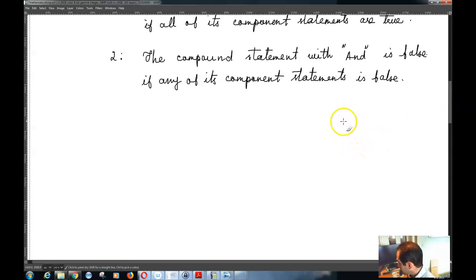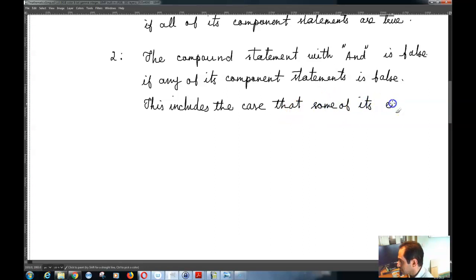And this includes the case that some of its component statements are false, or all of its component statements are false.